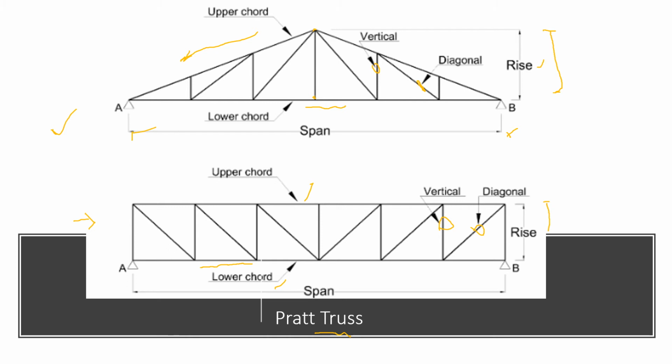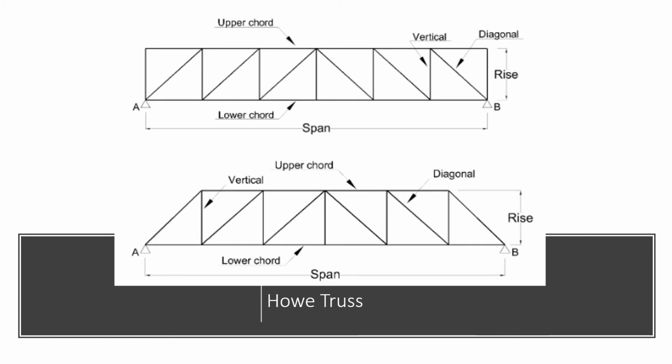The rise is the distance from bottom to upper chord, and this is the span length from point A to point B. In whole truss, here is the upper chord on the top member of the truss, lower chord at the bottom member of truss, and this is the vertical, this is diagonal, the rise, okay, from top to bottom, and the span from joint direction A to joint direction B.